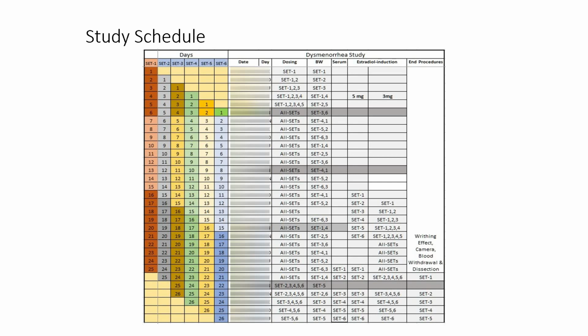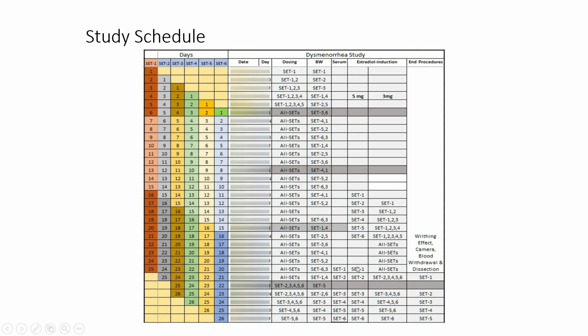Likewise you have to arrange body weight by set. Then serum: on day 25 we took blood samples for all the animals. As per the set wise arrangement, I have noted here when we have to withdraw the blood and take the serum.